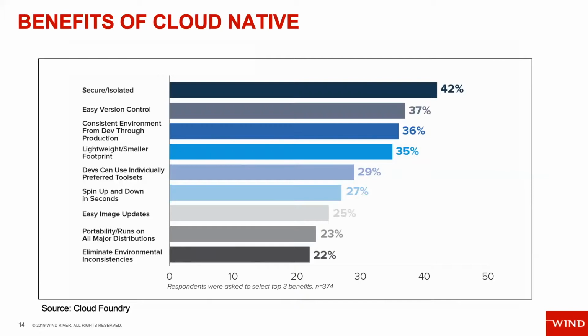That's really about the management and operations of the containers in a cloud native environment. Then there are other ones here, such as the development can be individually preferred tool sets, portability running on all major distributions, and it really talks about topics such as DevOps.